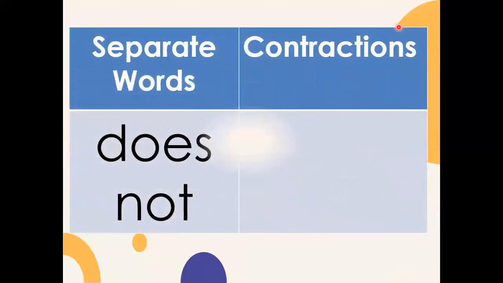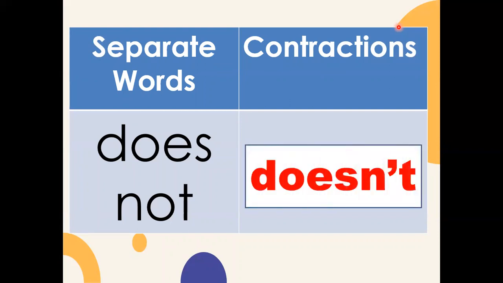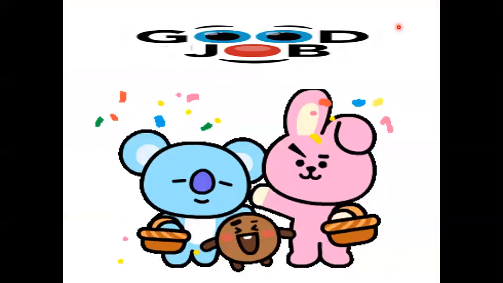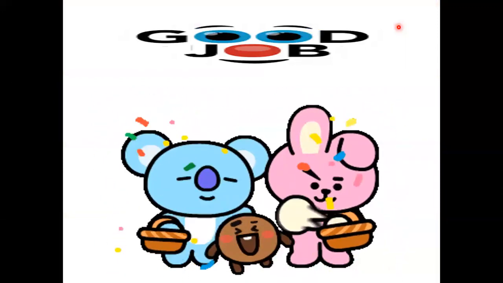Next, does not. Oops. Remember, the second word is not, so you're going to change the O into an apostrophe and it becomes doesn't. Good job.